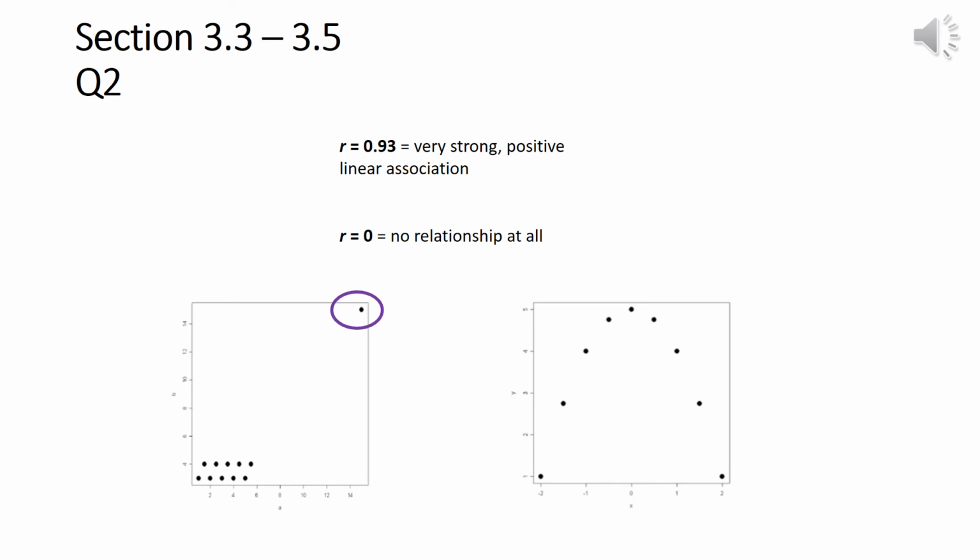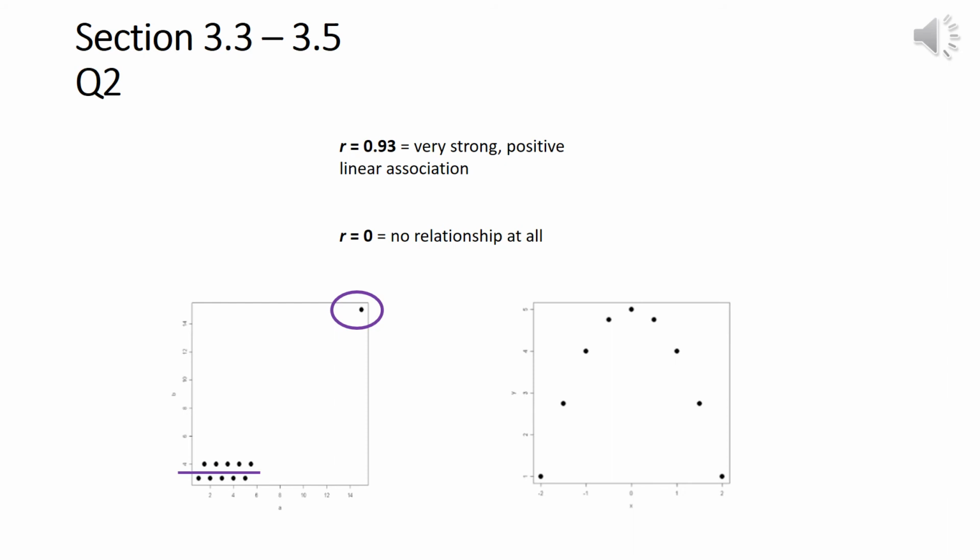However, this doesn't represent a majority of the data points and is really just heavily influenced by just one, the value up there, the outlier, we would call it. So in this case, we would likely potentially eliminate it. If we did that and just did a line of best fit for the remaining values, we'd get a flat line down the bottom. So in that case, our R value would be somewhere around 0.